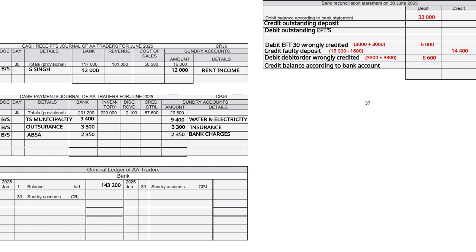So it came from your bank statement. It will be ABSA as details. Interest on overdraft goes to your sundry accounts, and the amount is 4350 in sundries as well as bank.